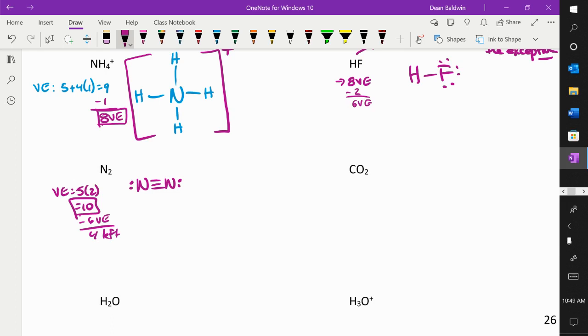All right, CO2. Which atom is in the middle? It's going to be carbon, because carbon wants to form 4 bonds. Oxygen wants to form 2 bonds. So the one that forms the most will be in the center.